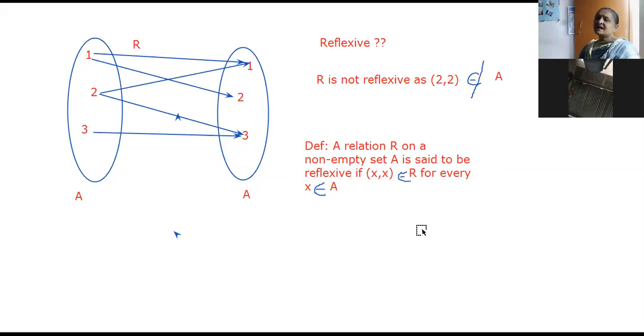A relation R on a non-empty set A is said to be reflexive, so let me underline the word reflexive, if ordered pair (x, x) belongs to R for every x belonging to A. So the word 'for every' is very, very essential. Hope it is over.